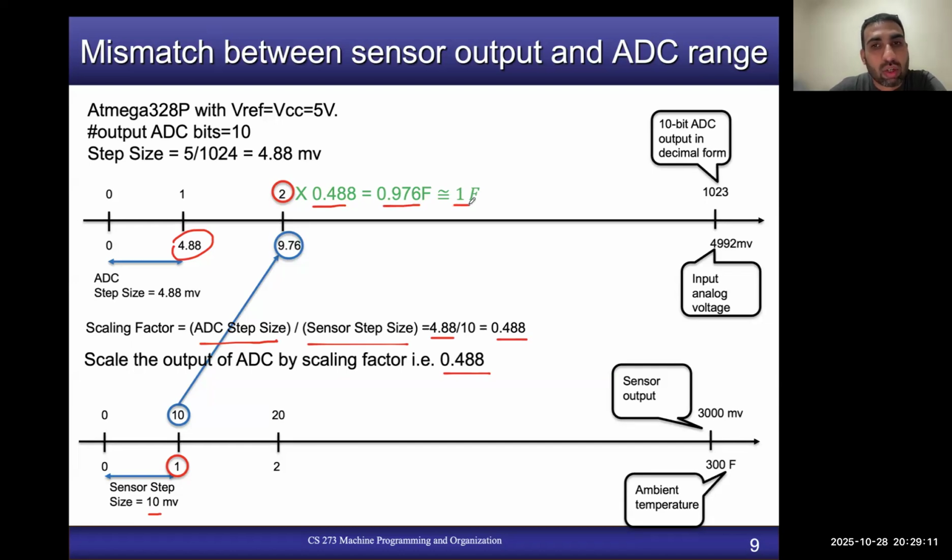So now your result will be correct, because after scaling, your device, your microcontroller, will be telling you that the temperature is 1 Fahrenheit, which is close to the actual environmental temperature. But if you don't do the scaling, your ADC will give you a false output. And that false output stems from the fact that the step size is different for the sensor and the ADC device, right?